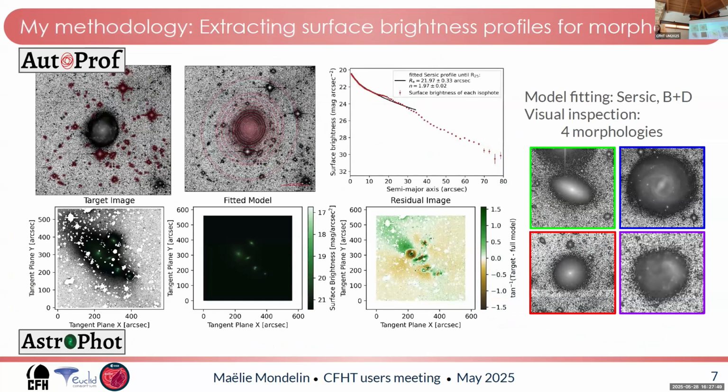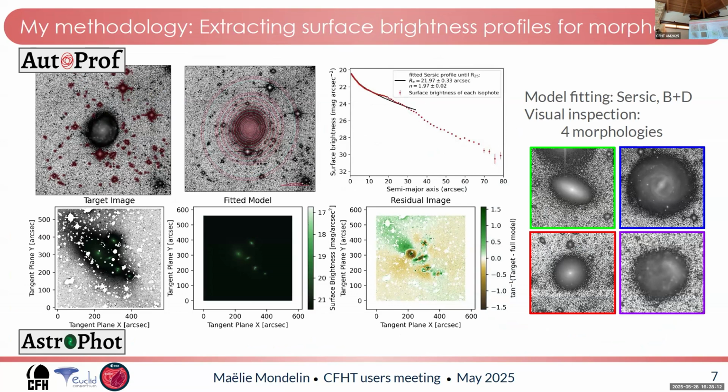After that, I have extracted cutouts around each galaxy of the catalog in order to extract the morphological aspect for each of them. So I've used model fitting in order to have access to the Sérsic index, an indicator of the morphology.